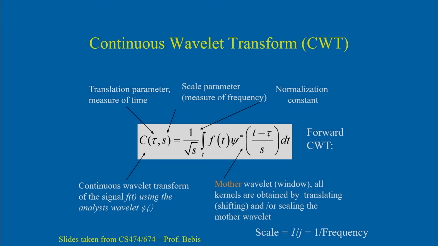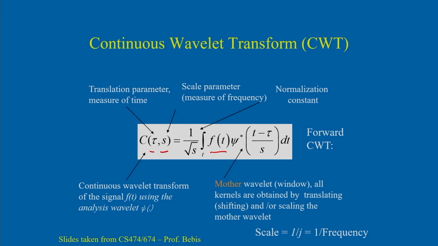After this, I discussed the concept of continuous wavelet transformation. This is the definition of the continuous wavelet transformation, C(tau, s), for the signal f(t). I am considering a one dimensional signal, and I have two parameters, one is tau, another one is s. Tau is the translation parameter, a measure of time, and s is the scaling parameter, which measures frequency.